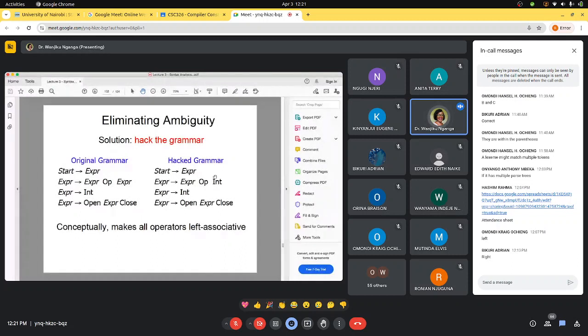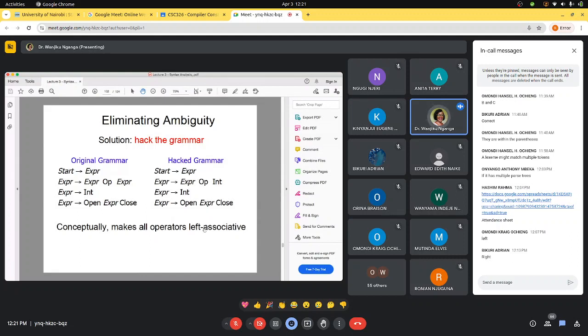In this case, we rewrite expression to go to int. What does this mean? We've actually said that it will always bind left, because before you do here already, you've taken a terminal symbol. So this has to be evaluated first to get the result to add to this, meaning that this operator is always going to be left associative.